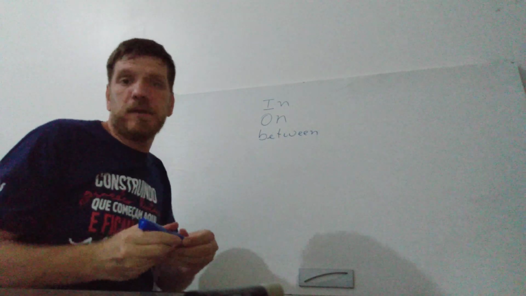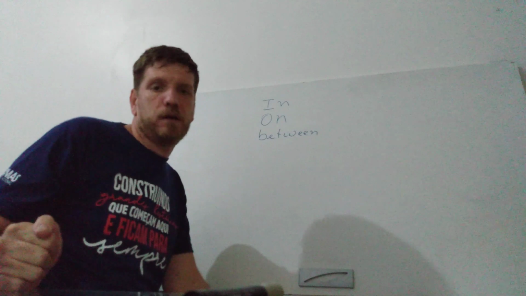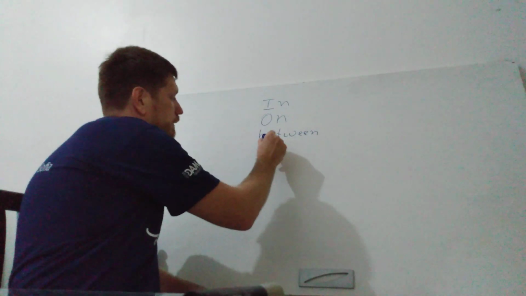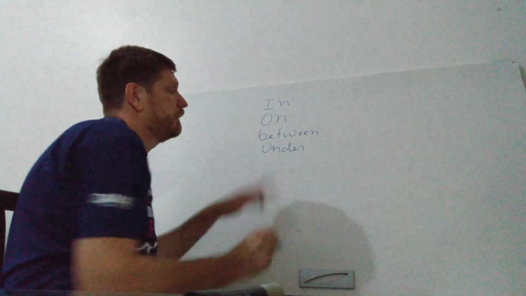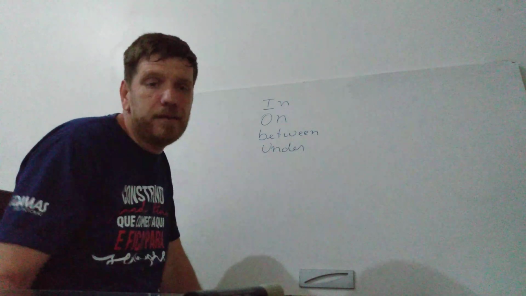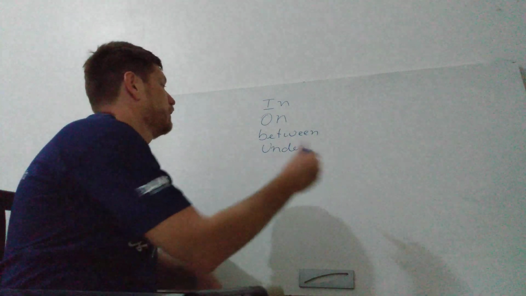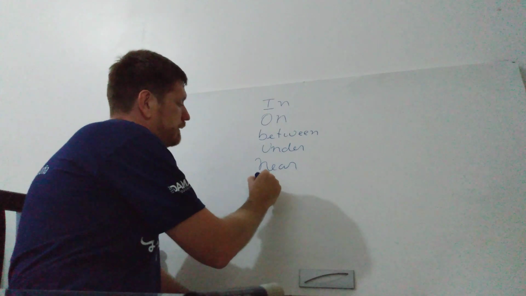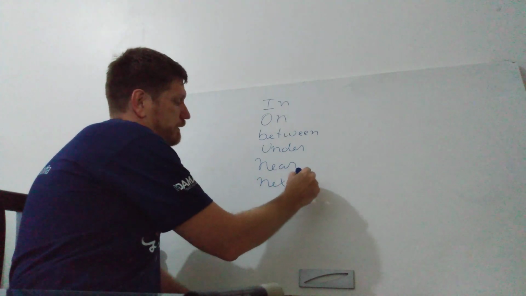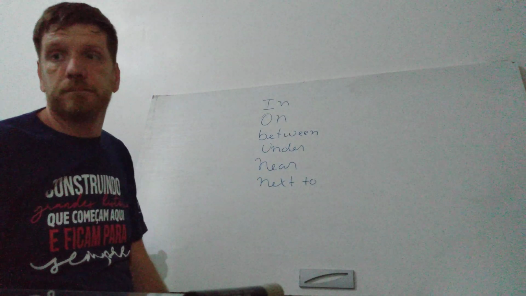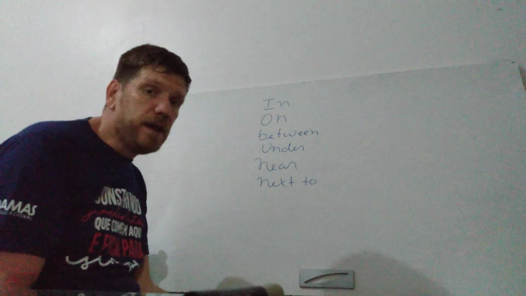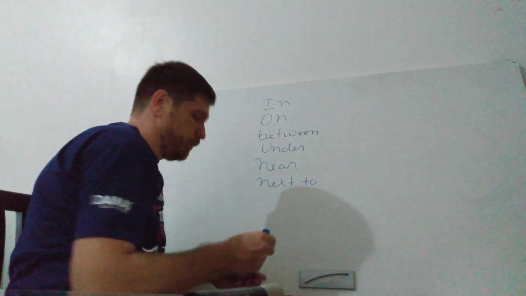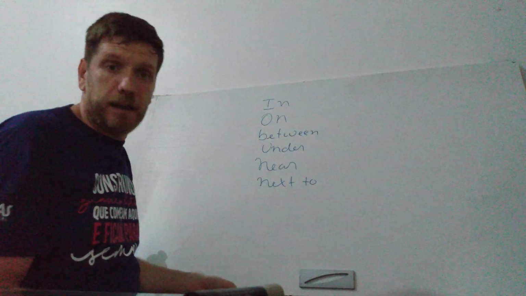The plate, remember, the plate was between the fork and the knife. We also saw under. The balls were under the table. We also saw near and next to.